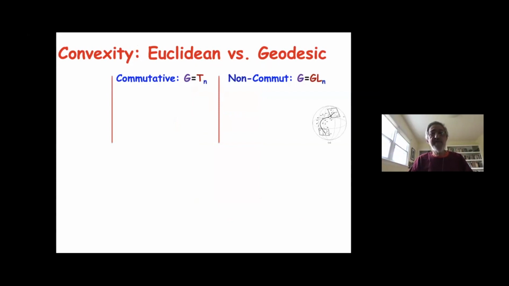So in the commutative case, let's say the group is a torus, it's just an n vector, right? So you have Euclidean space, and in the non-commutative case, you have this group, GLN, the general linear group over complex numbers. It's some manifold, a Riemannian manifold, and it doesn't look like a ball.